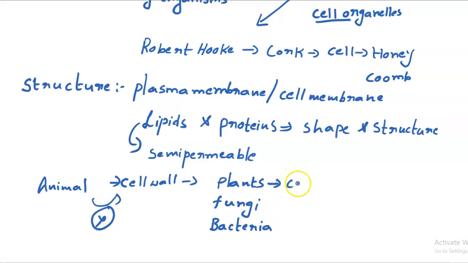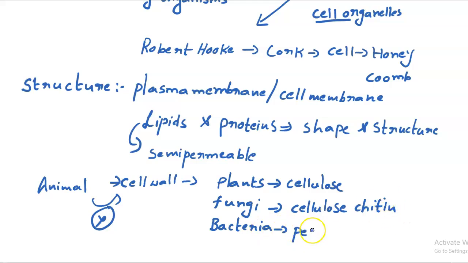In plants, it is made up of cellulose. In fungi, it is made up of cellulose and chitin. In bacteria, the cell wall is made up of peptidoglycan. The cell wall protects the cell and gives shape to the cell.